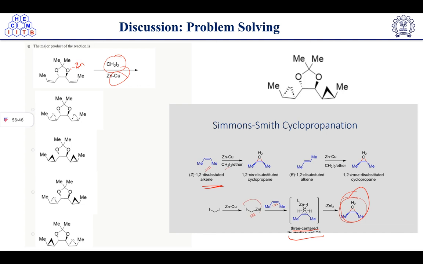And because of that chelation, the transition state which will form will be above the plane. So on this side we will get the stereochemistry above the plane. And here the oxygen is on the backside, so backside chelation will take place and the transition state will also form backside, which will result in the formation of backside cyclopropanation. So that's why the correct answer is option number 3.